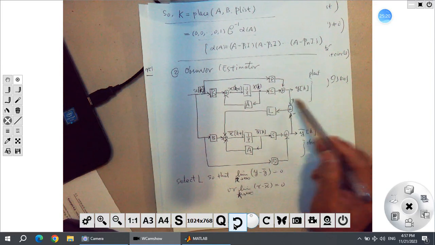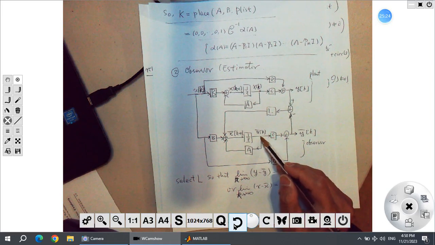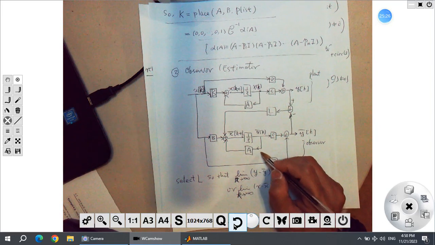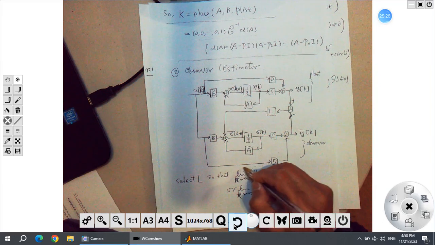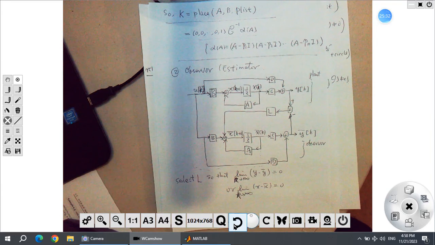You can use this X bar to give a full feedback, multiplying by K and sending it here. If you're interested, you can do it yourself. You can also read the textbook. I have that textbook on the blackboard.